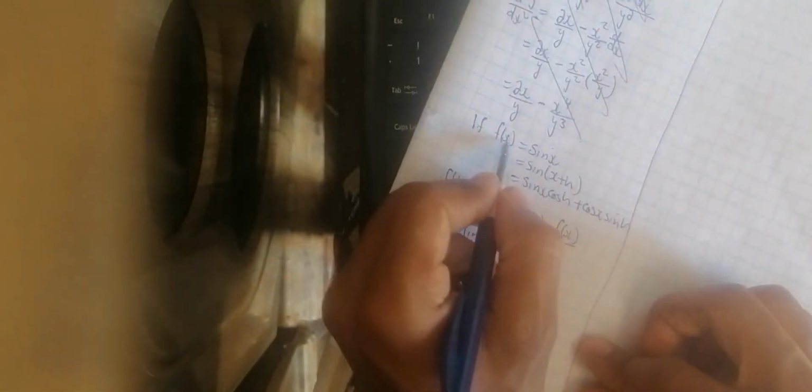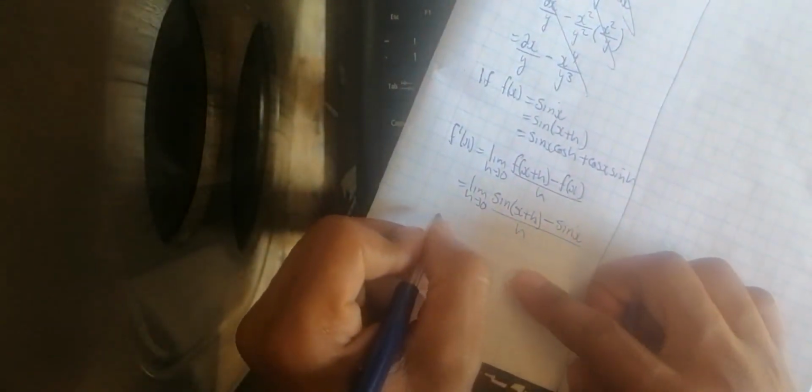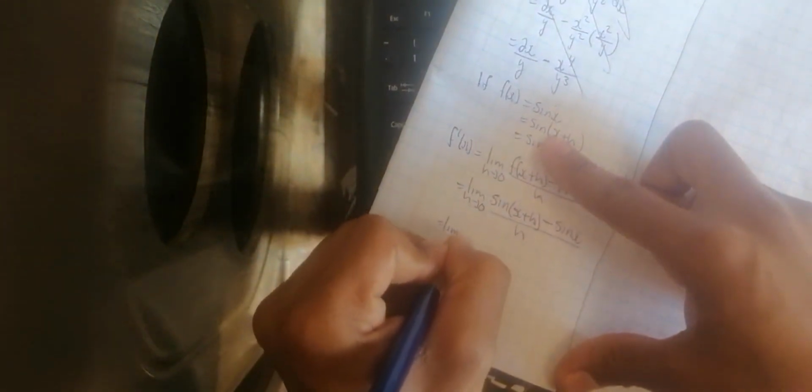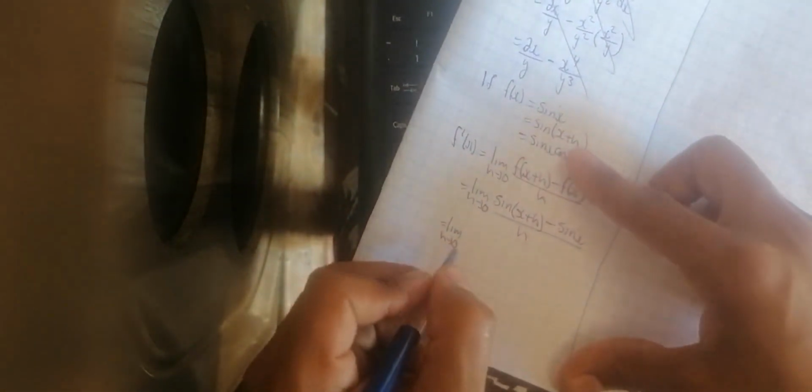and your angle where you see x, you'll be writing x plus h, minus the function, your f at x is sine x, all be divided by h. Very important. And we would continue to say the limit as h tends to 0.